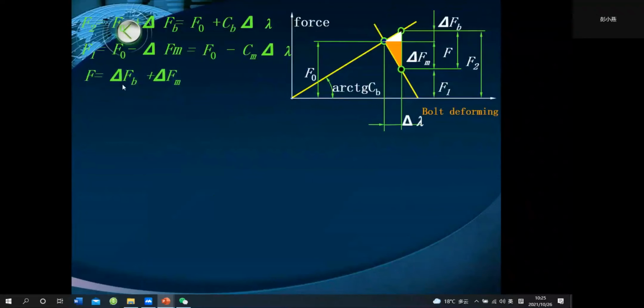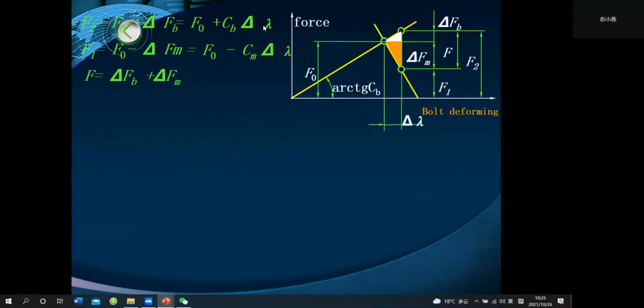Where the force acting on the bolt is equal to preload plus delta Fb, and it's equal to F0 plus Cb times delta lambda.